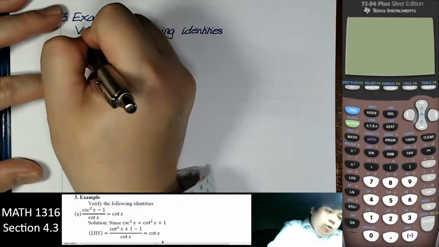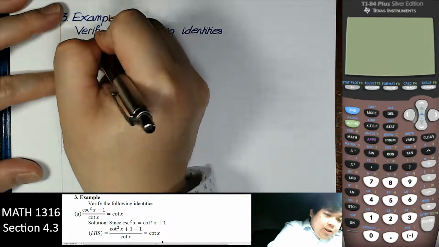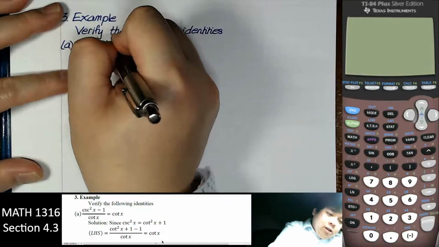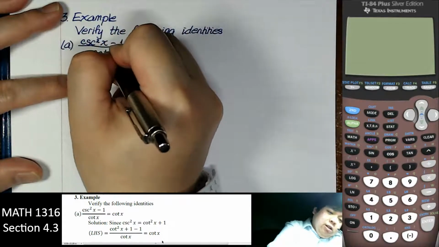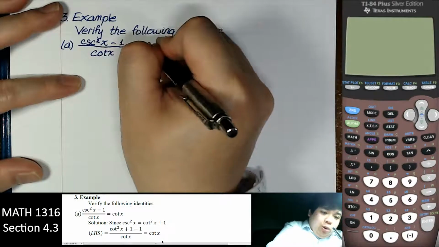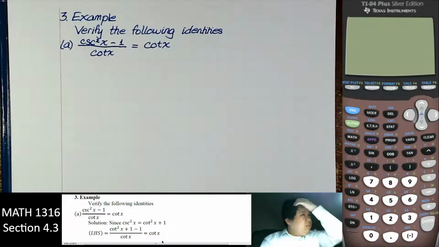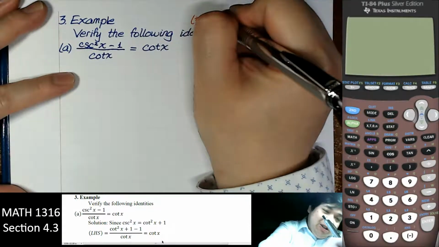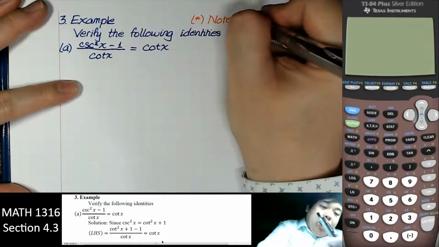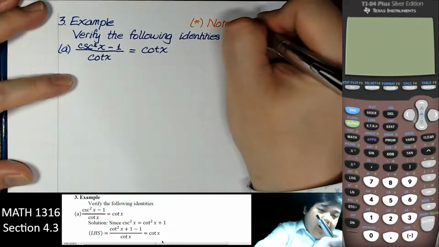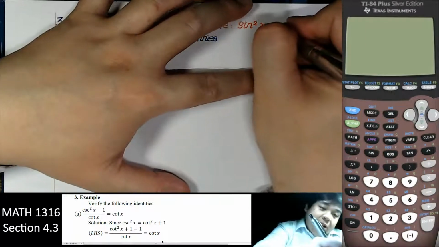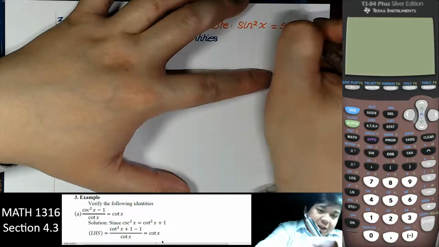Right. Now we'll try to prove this. Cosecant square minus 1 over cotangent is equal to cotangent of x. Right, so we try to prove this. By the way, before we do anything, I just want to note these important things. When we write, let's say, sine square like that, what we mean is we have sine x and then squared.